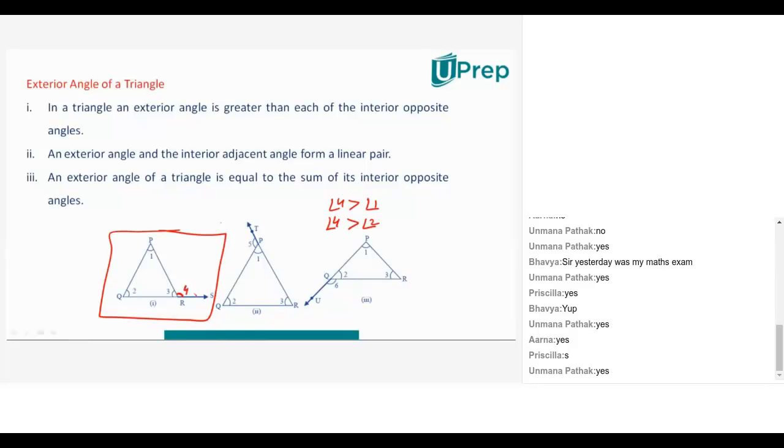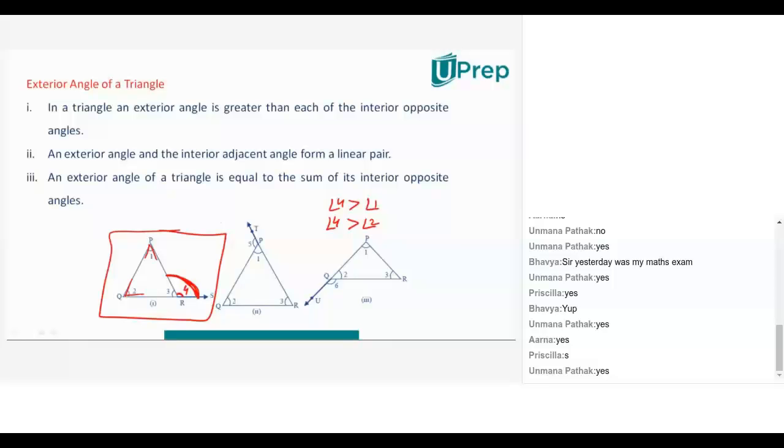Guys, angle 4 is obviously not acute, it is obtuse, right? This is an obtuse angle, right? And 1 and 2 are acute. Can you see that? 1 and 2 are acute, right? You remember the crocodile jaw, your hands, your palms. I took so many examples to explain acute, obtuse, and right angle.